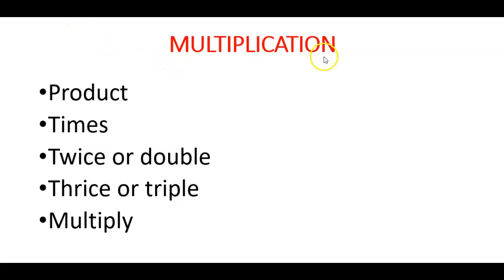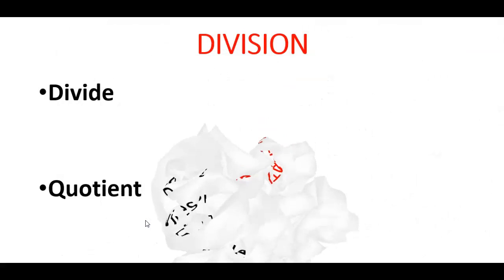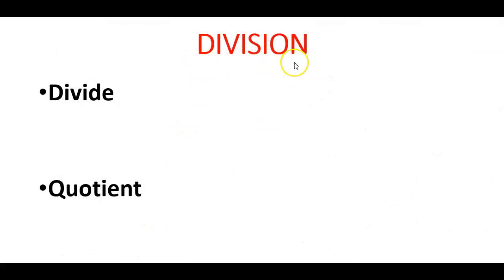For multiplication, we have the words product, times, twice or double if you're multiplying by 2, thrice or triple if you're multiplying by 3, and the other word is multiply. For division, we have only two for numerical expressions, which are the words divide and quotient.